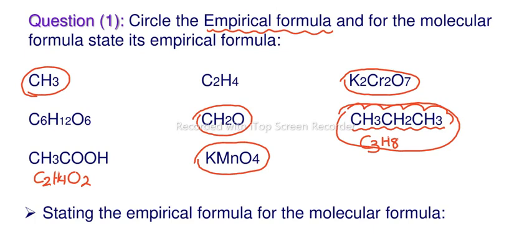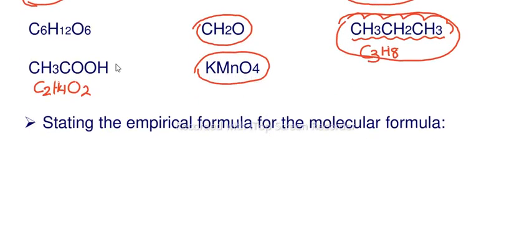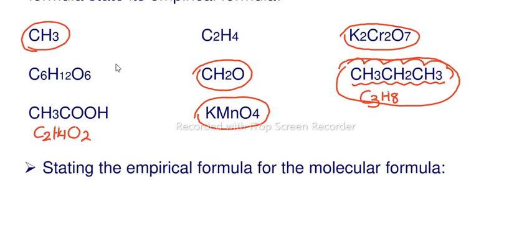So in order to start, I have the first compound or molecule, it is the C2H4. So for the C2H4, I can divide over 2, and my empirical formula will be CH2.